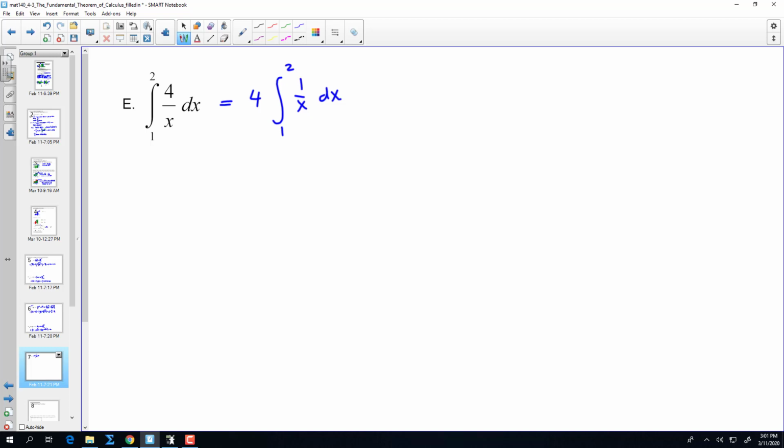So this would be 4 times the natural logarithm of absolute x evaluated from 1 to 2. Now the absolute value isn't all that necessary in this example because we know that the values we're going to evaluate from are positive. So that's okay.